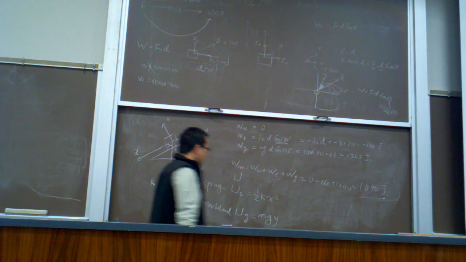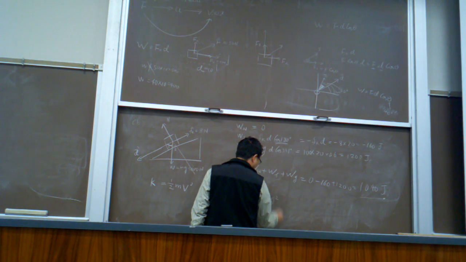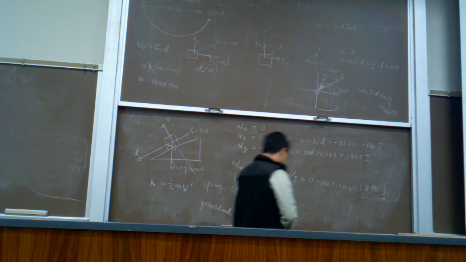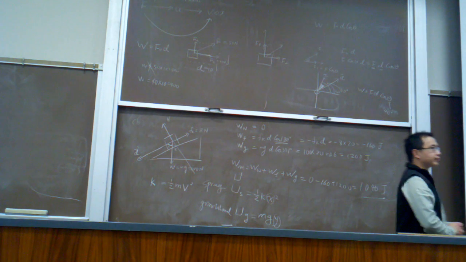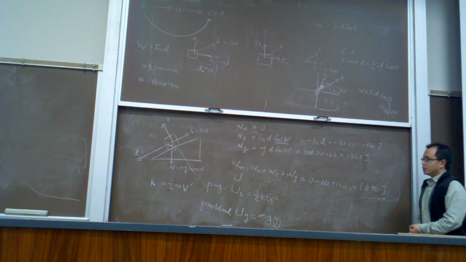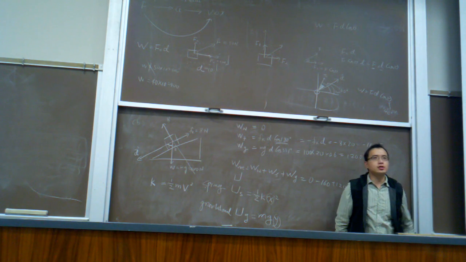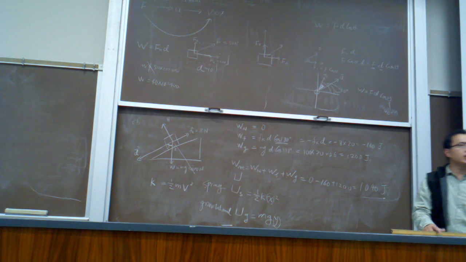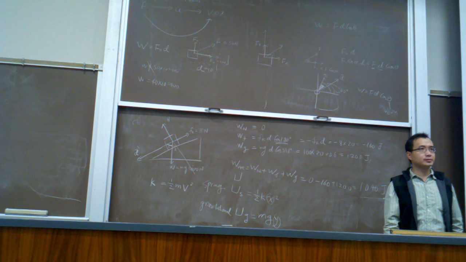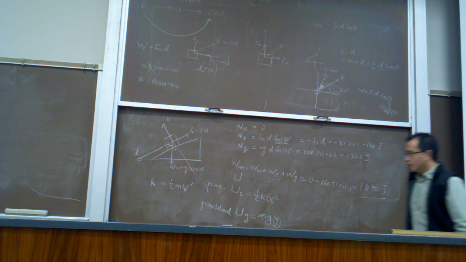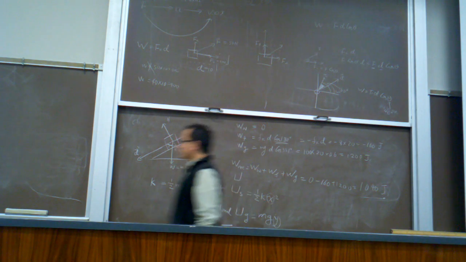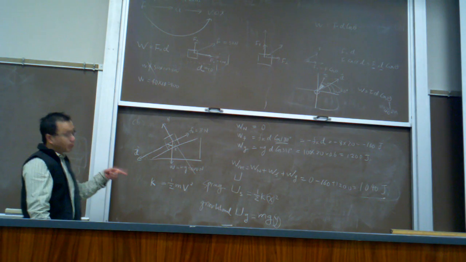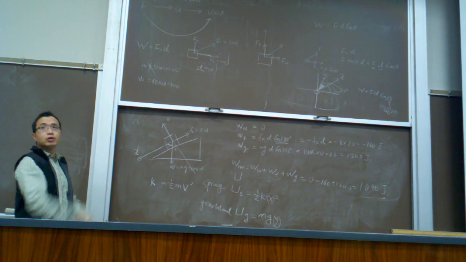Now let's explain x and y here. This x is in fact the distance measured from the equilibrium of the spring. So it may or may not be along the horizontal direction.